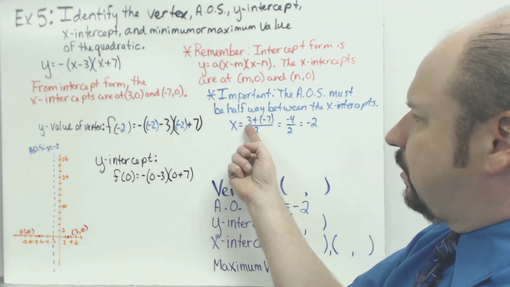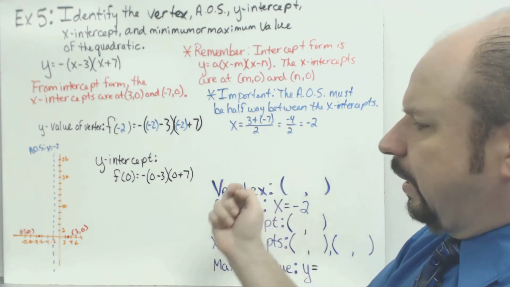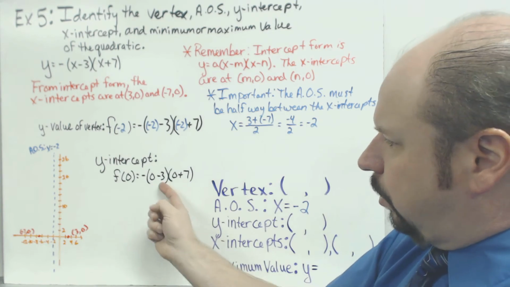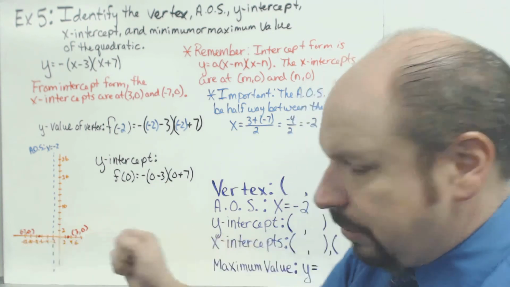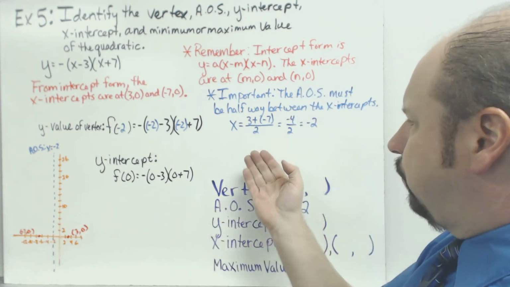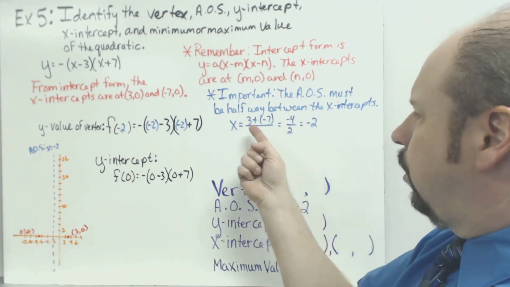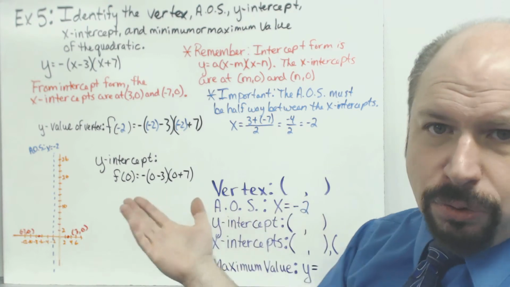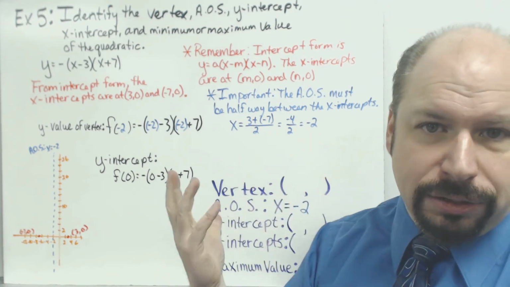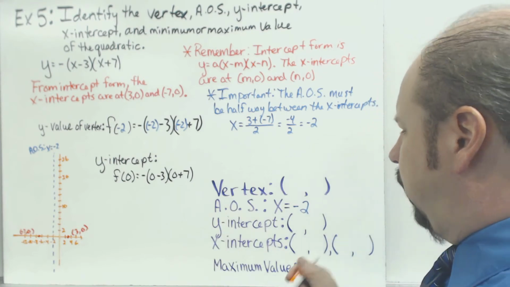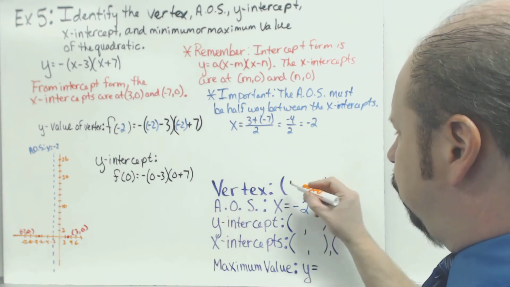So I have taken x equals 3 plus a negative 7, our two x-intercepts, added them together, and divide by 2. Well, 3 plus negative 7 is negative 4 over 2. Negative 4 divided by 2 is negative 2. So our axis of symmetry is at x equals negative 2.